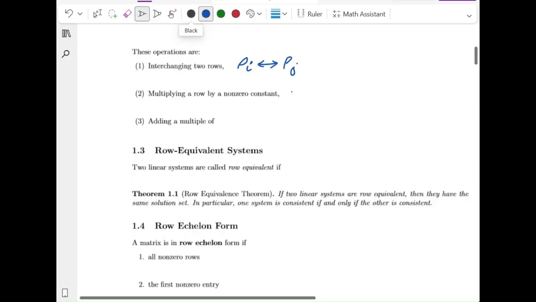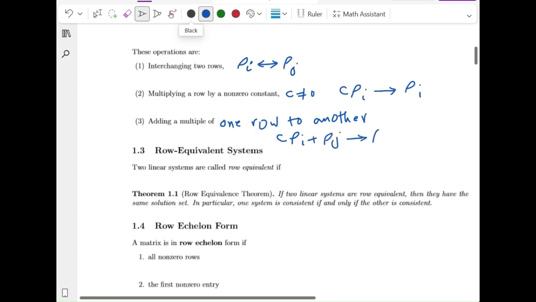So if c is non-zero, then c times row i is going to be put in row i. Or adding a multiple of one row to another. That could be c times row i plus row j goes into row j.